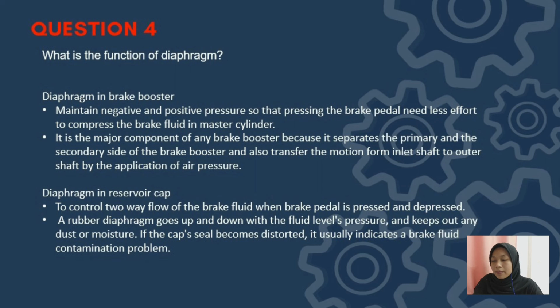A rubber diaphragm at the reservoir cap will go up and down with the fluid level pressure and keep out any dust or moisture. If the cap seal becomes distorted, it usually indicates a brake fluid contamination problem.